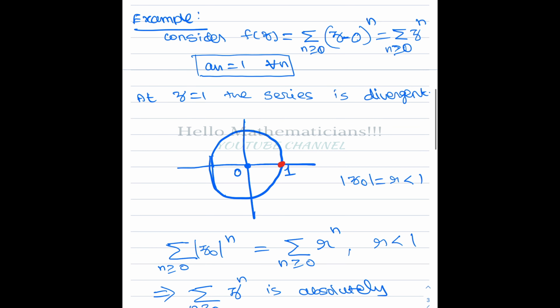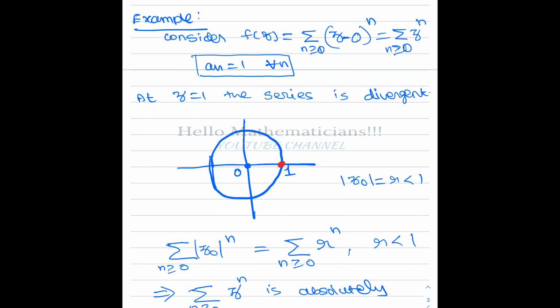So always, given a power series, you want to check in the entire complex plane what are the points where this series is convergent. Already with our divergence argument we have shown that outside this disk everywhere it is divergent.